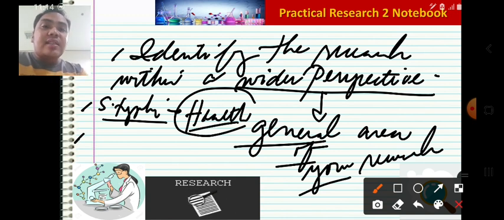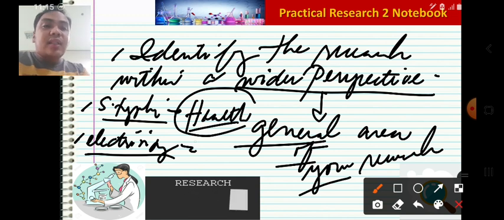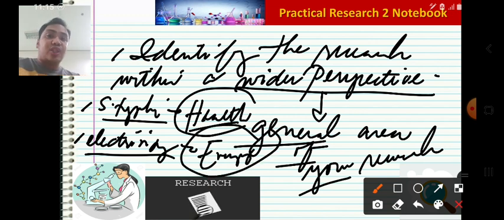In addition, let's say your topic is about the production of electricity using several methods, for instance. What is the general area of research that is involved in this study? Therefore, it is related to the concept of energy.